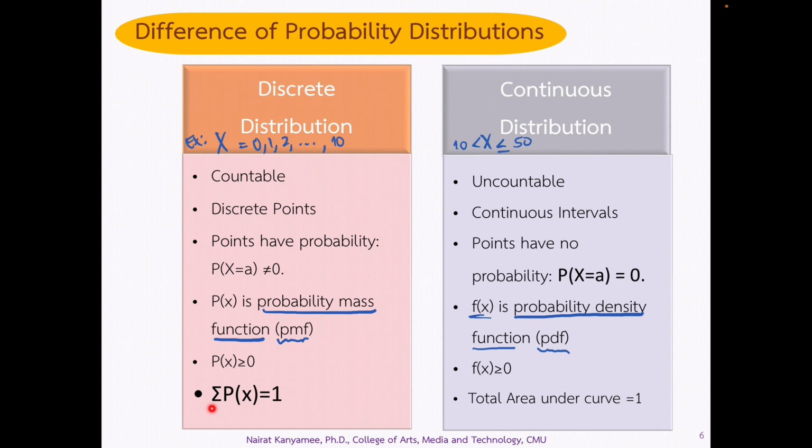For a discrete distribution, if you sum the probabilities in the distribution table, you get 1. But for the continuous case, you need to integrate. The total area under the curve is 1.